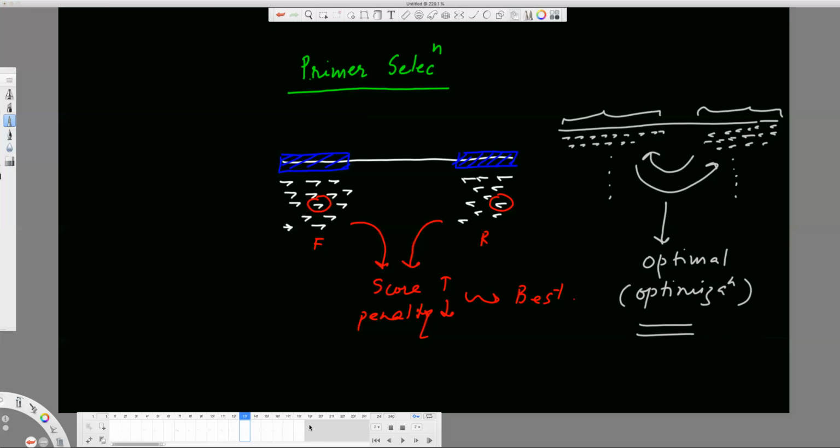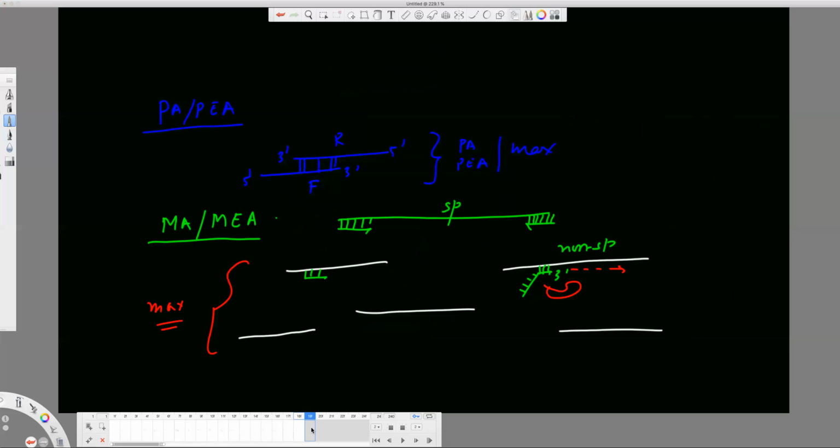Now, let us look at a little bit of the biology of primer designing. This is also one of your exercises, one of the assignments. For example, think of a scenario where you are looking at a eukaryotic gene, right?